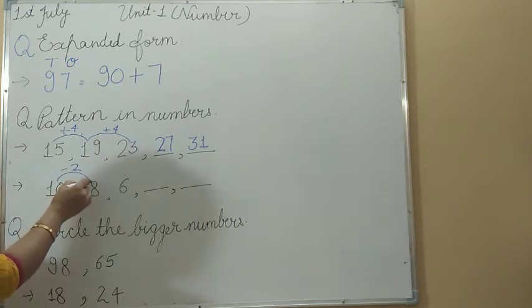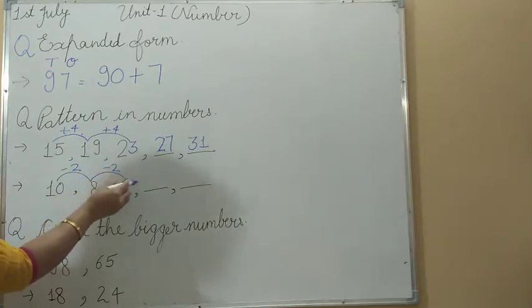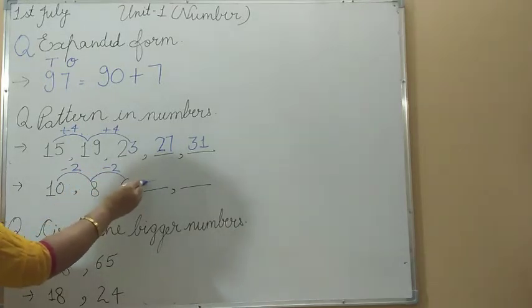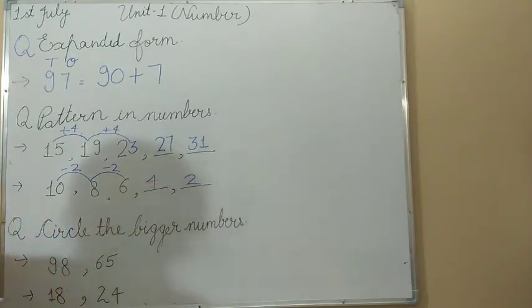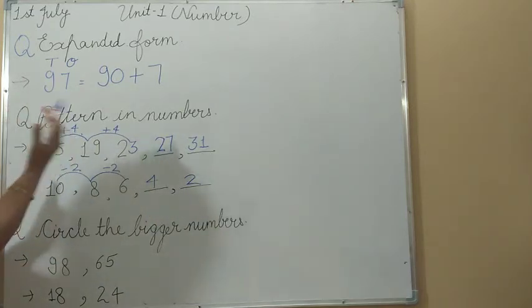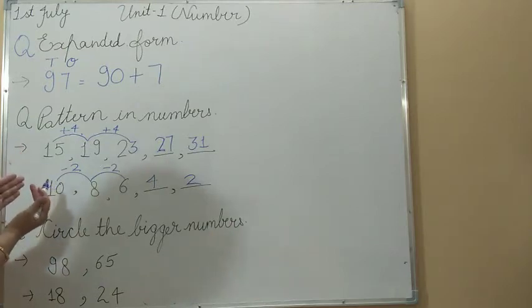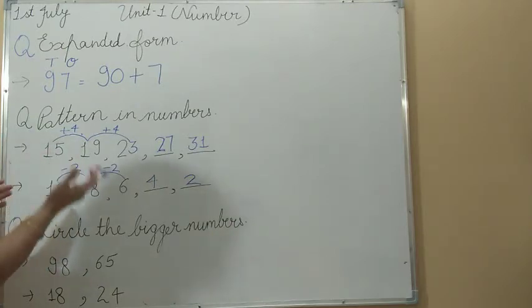Now again go 2 steps back. 6, again 2 steps back. 4, again 2 steps back. There is 2. In this way, firstly we have to find out whether the numbers are increasing or decreasing. Then you have to follow the counting.